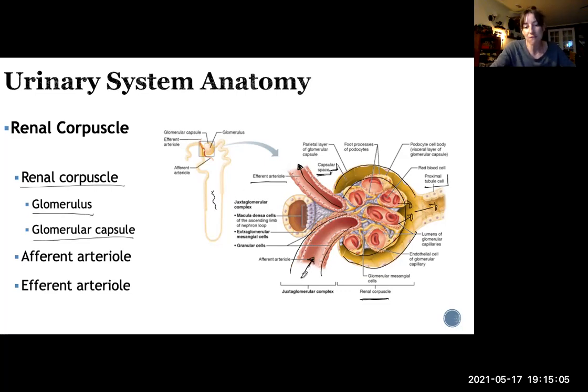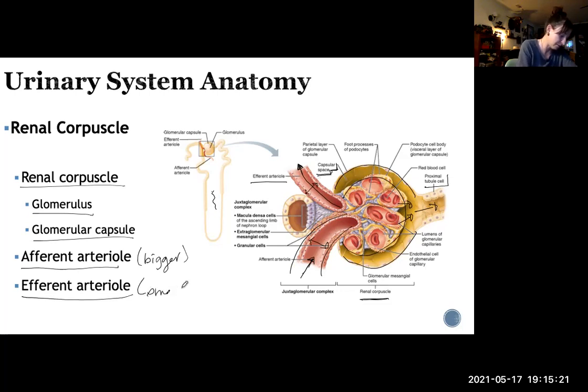Notice how the afferent arteriole is wider, it's bigger from here to here than the efferent arteriole. The efferent arteriole is smaller. This is really, really important, not just because you're going to have to be able to identify them from each other, so the afferent is always bigger, the efferent is always smaller, but functionally, it should make sense to you why this is, and I'll tell you why.